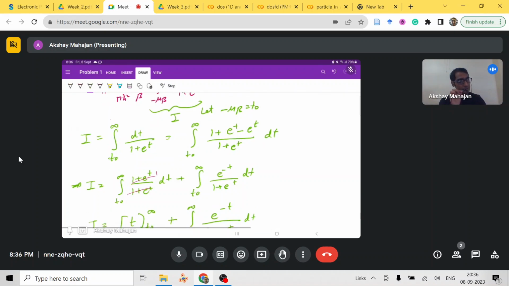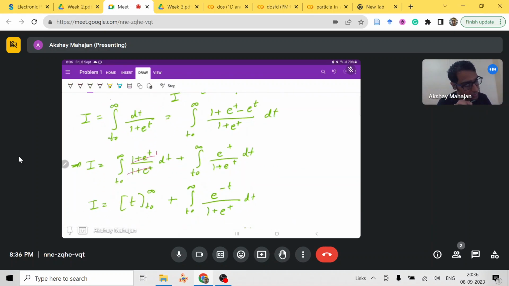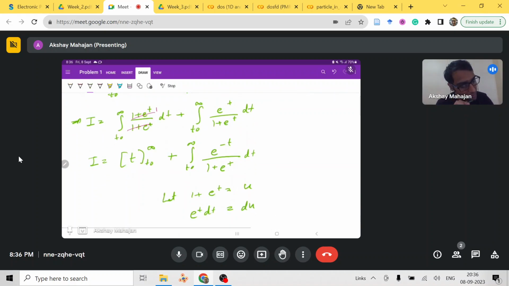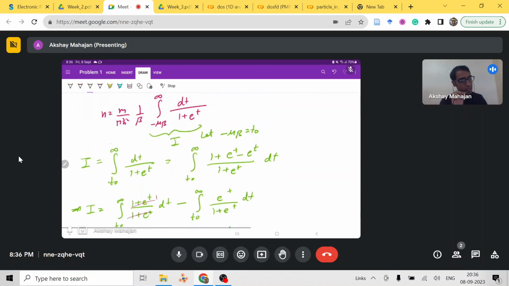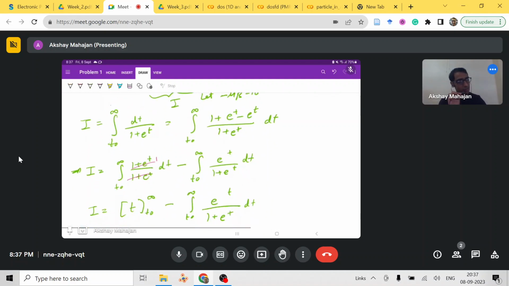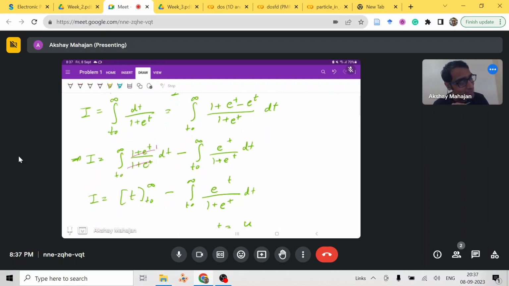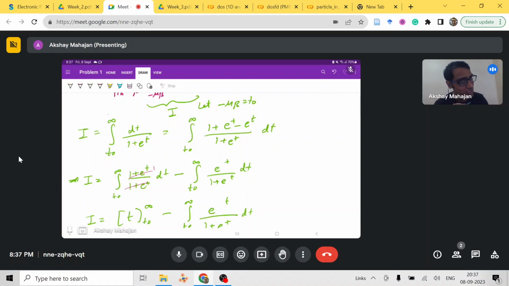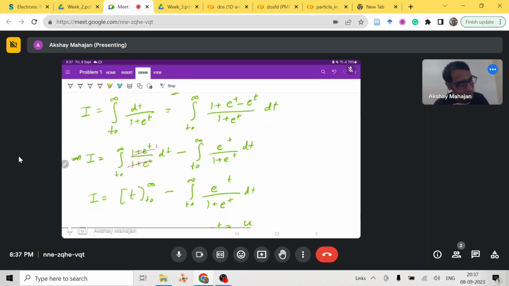So e to the power t minus e to the power t will be 0, and it will be 1. I put the minus sign on the wrong side, on the exponential, but it is here. Now it is clear, I guess.